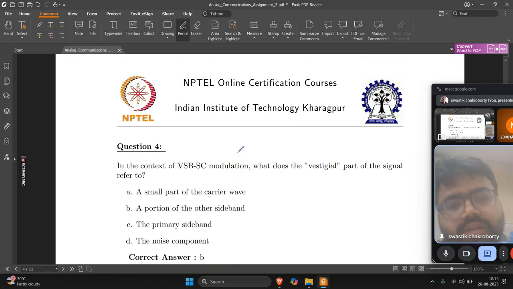So the next question is, in the context of VSB-SC modulation, what does the vestigial part of the signal refer to? Vestigial means something that remains in fractions. It's not the whole that was, it's a part of the whole, a fraction of the whole. So vestigial sideband means not the whole sideband but a fraction of the sideband.